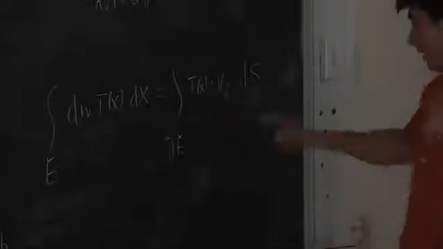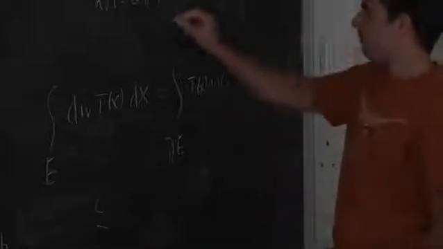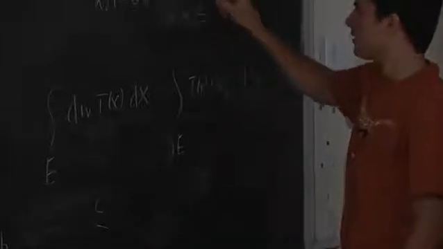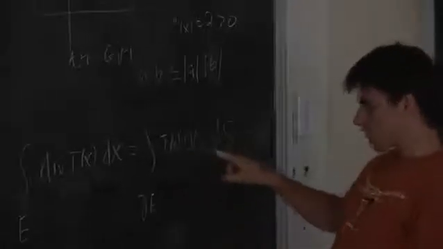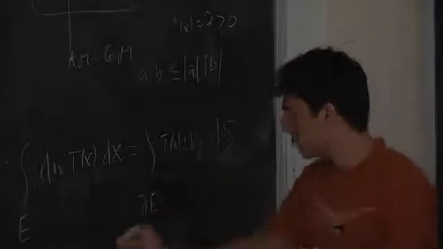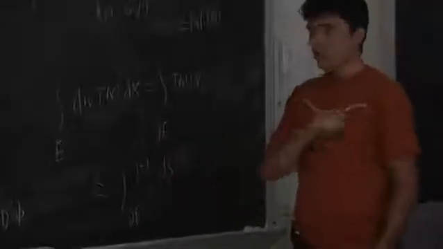But now we're basically done, right? Because A dot B is less than or equal to the modulus of A times the modulus of B, because there's a cosine, which is less than or equal to 1. So T dot nu E is less than or equal to the modulus of T, because the unit normal has norm 1, and then ds. But now what is the modulus of T? Remember, now we use the optimal transport thing.